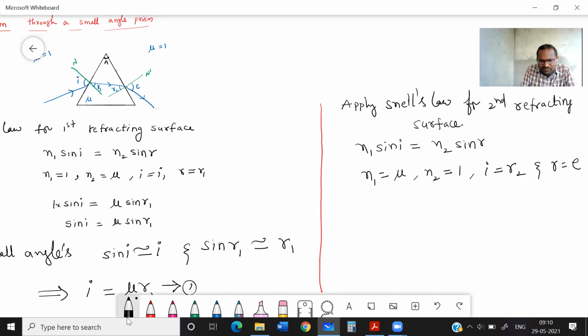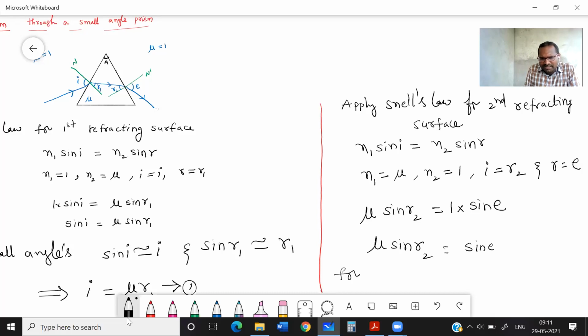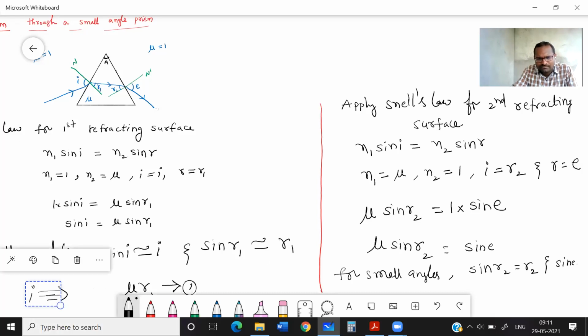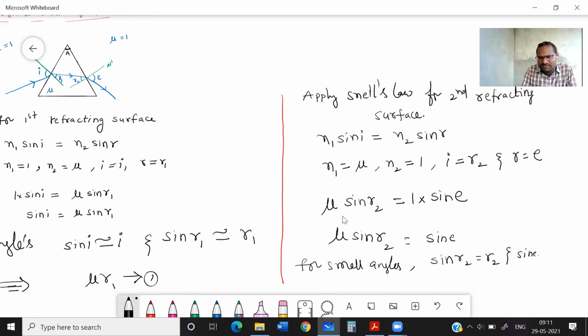You will get n1 is mu, mu into sin R2, is equal to n2 value 1 into sin E. So you will get mu into sin R2 is equal to sin E. Now again for small angles, sin R2 will become R2 and sin E will become E. Substitute these two values.